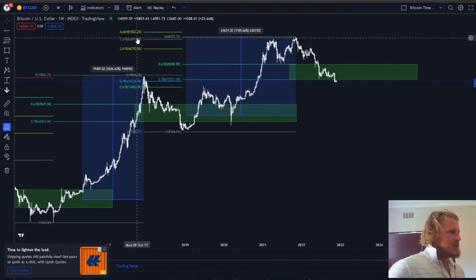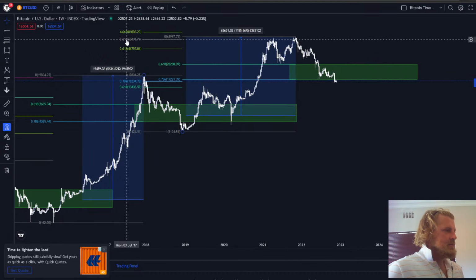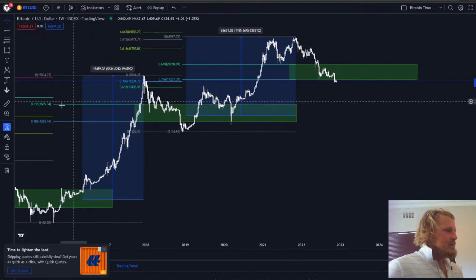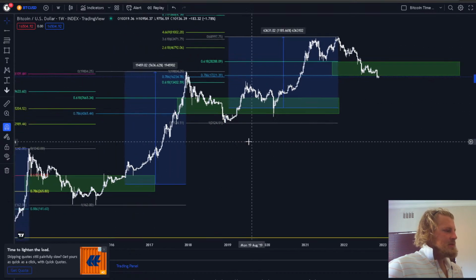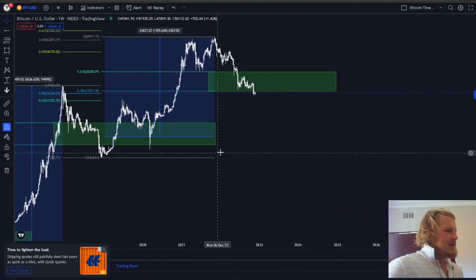Yeah, so the 3.618, the third golden ratio, called the first top perfectly. And we can see the diminishing returns over time, right?